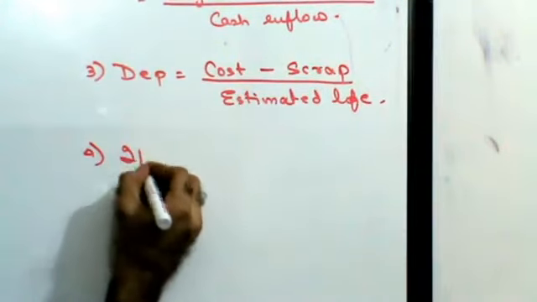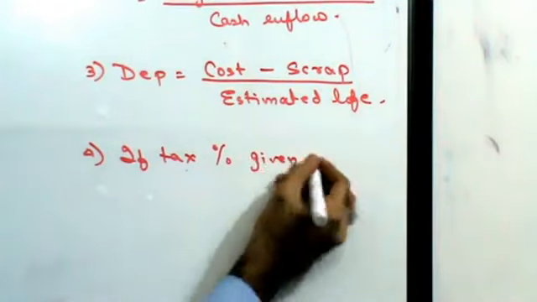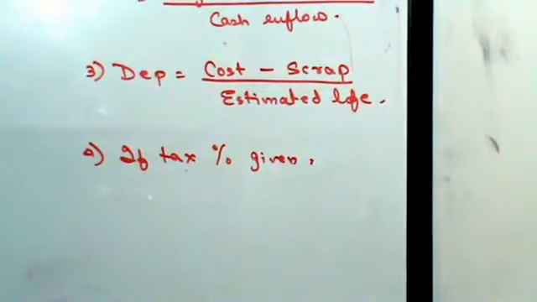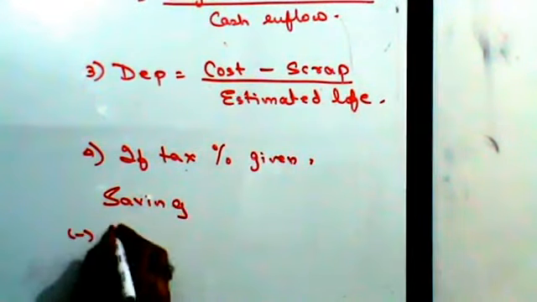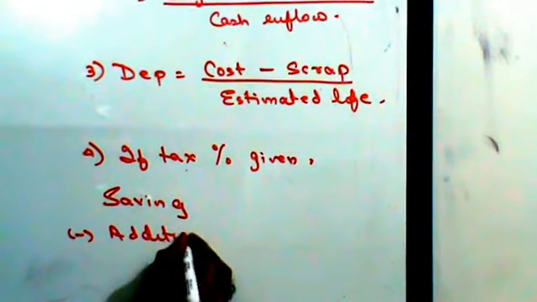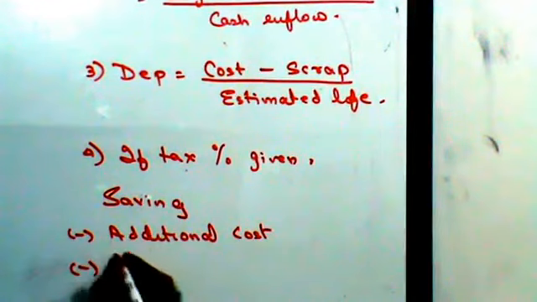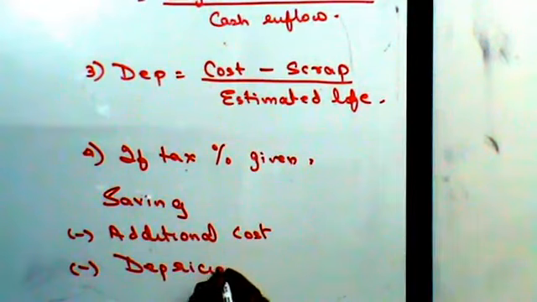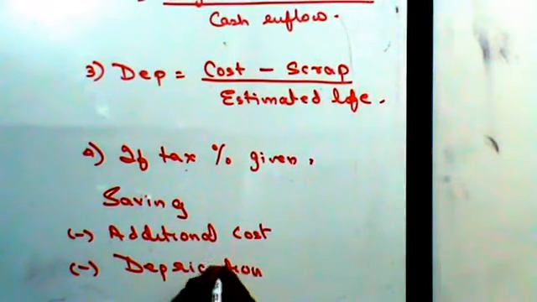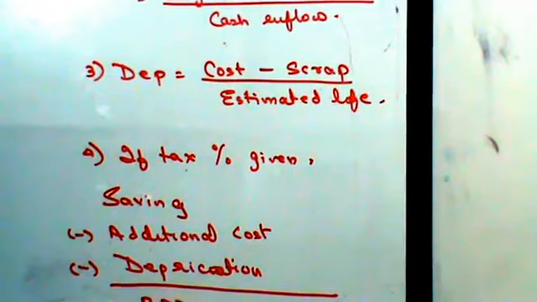If tax percentage is given in the sum, then savings minus additional cost minus depreciation will give me PBT.